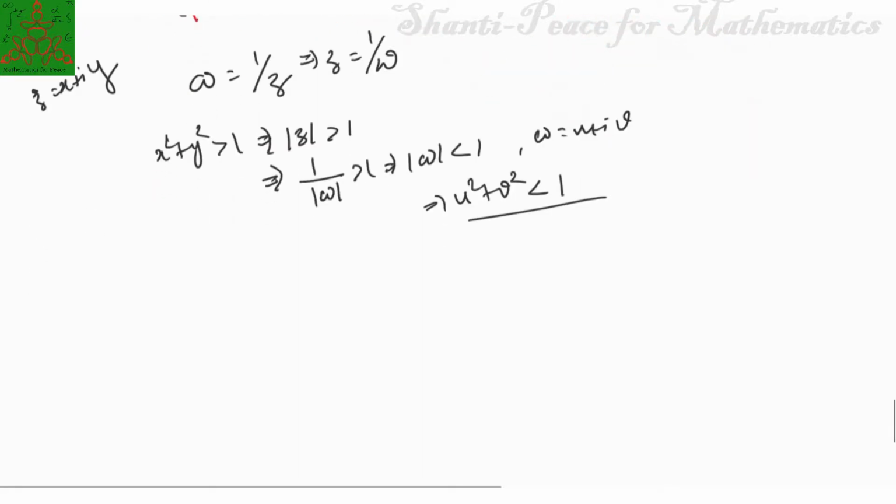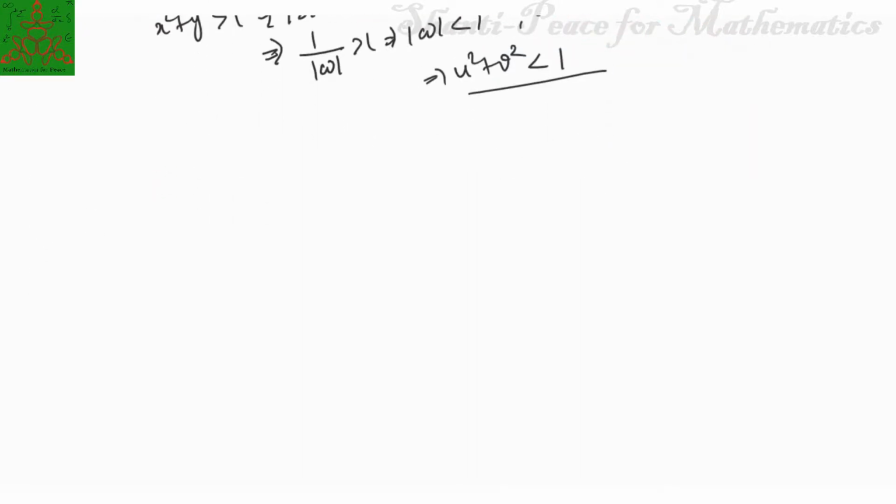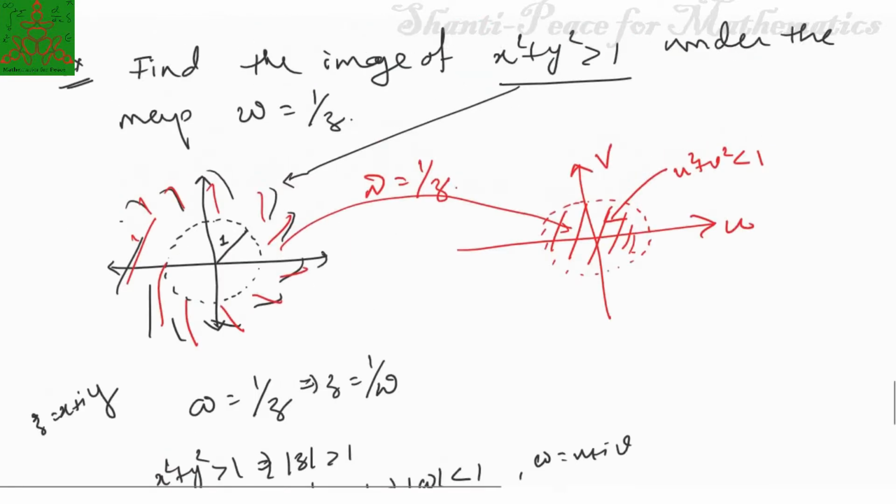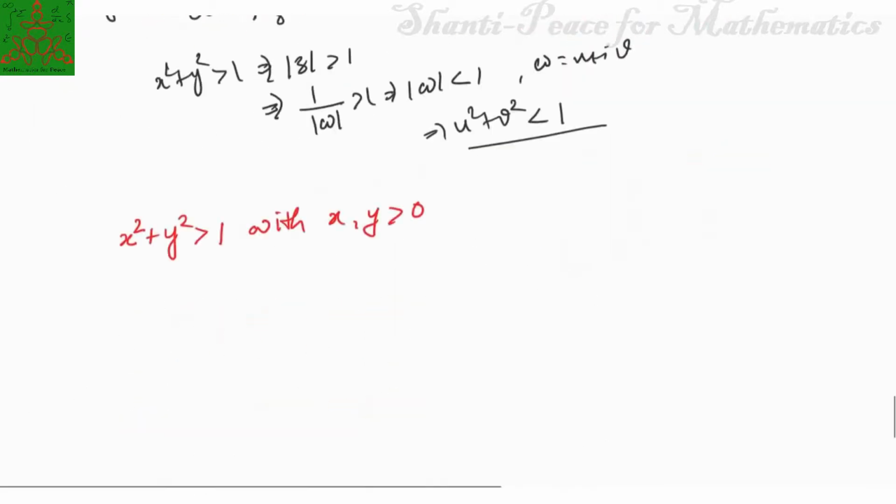Let's have more examples. In the above example, just include one more extra condition into it. So let us calculate what is the image of x square plus y square greater than 1 with x and y positive. So this example remains the same, just with this condition we are adding one more condition, that is x and y are positive.